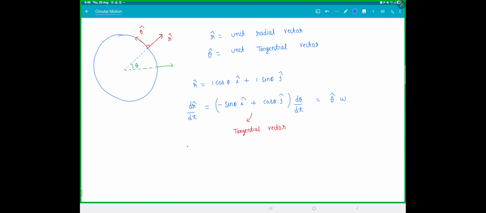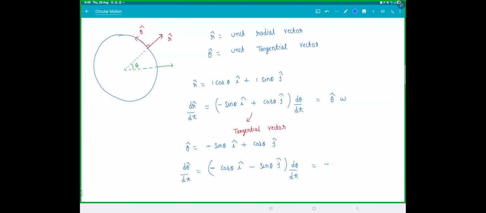Similarly, if you differentiate this vector, so every time you differentiate, you have to differentiate that theta also inside.